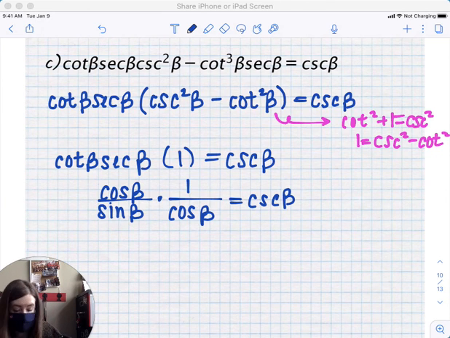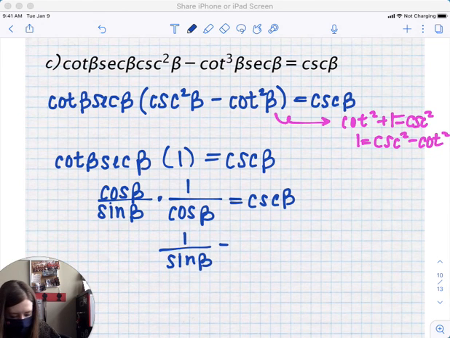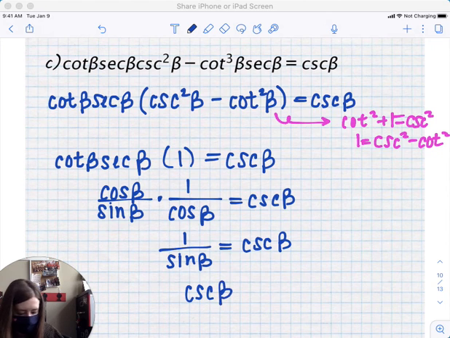Then those cosines will cancel out, so I'm left with 1 over sine of beta. And 1 over the sine of beta is the same thing as cosecant of beta. So now that one is verified too.